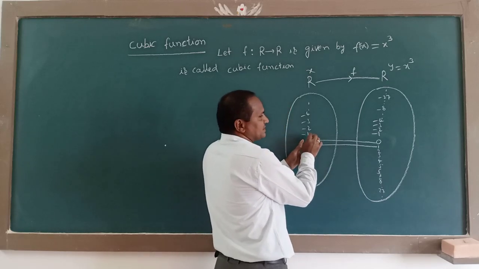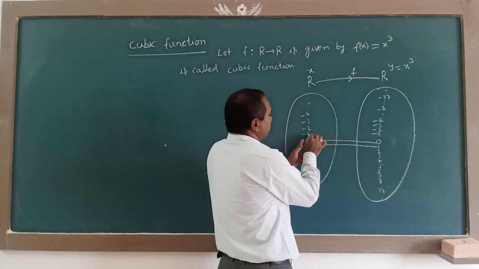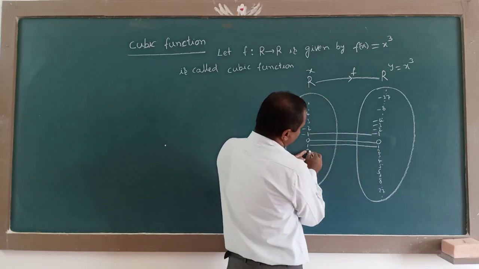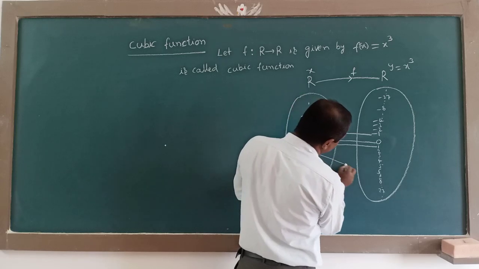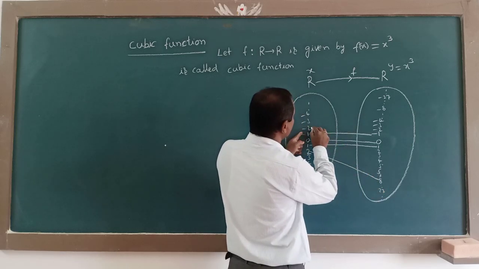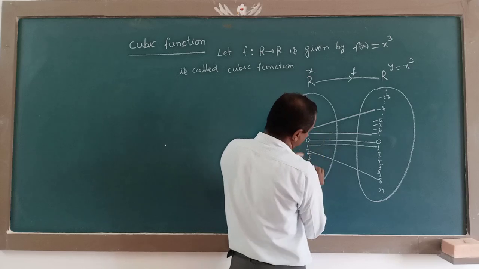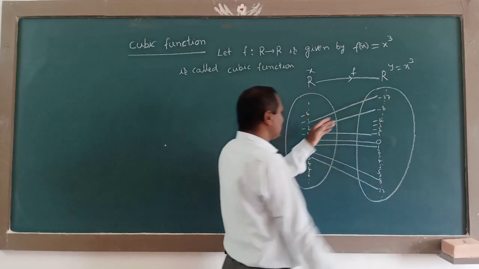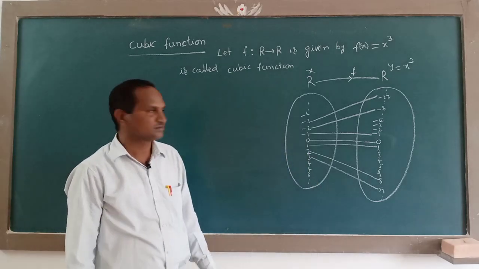That's what we must associate, minus 1 to minus 1 only. For x equal to 2, y is equal to 2 cube, which is 8. For minus 2, minus 8. For 3, 27. For minus 3, minus 27. Like that, all numbers will come here.